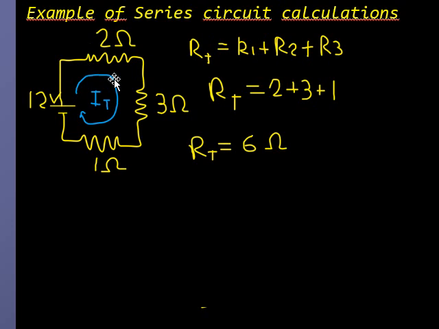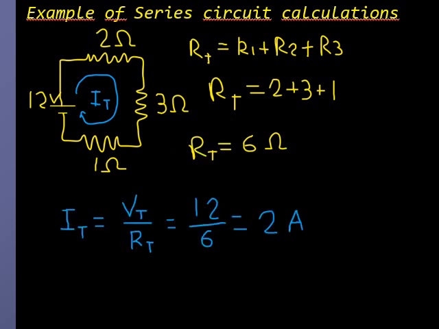We can replace all these three resistances by one whose value is 6 ohms. To work out the current, we use Ohm's law that we already know, which is the result of dividing the total voltage, that is 12 volts, by the total resistance that we already calculated, 6 ohms. So 12 divided by 6, the result is 2 amps. So 2 amps is the total current.